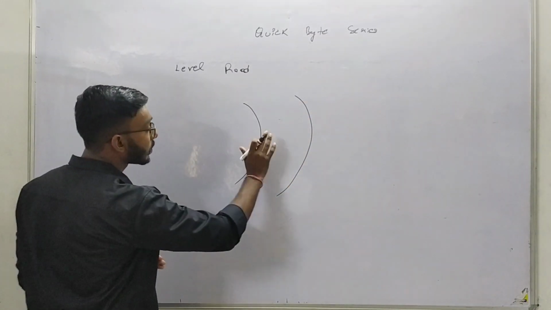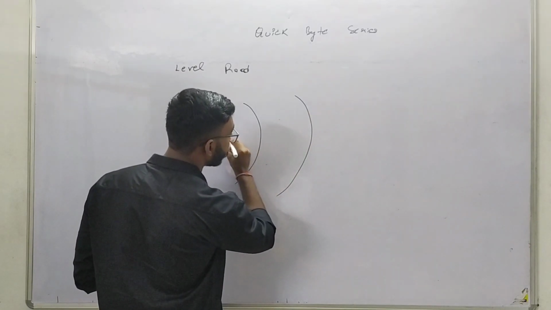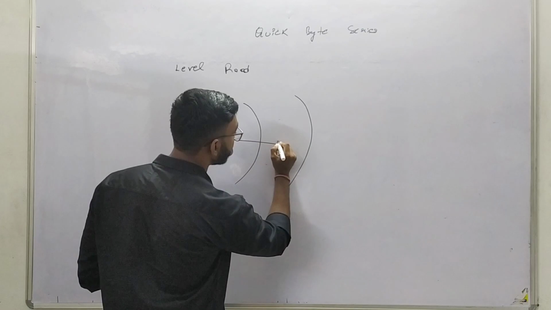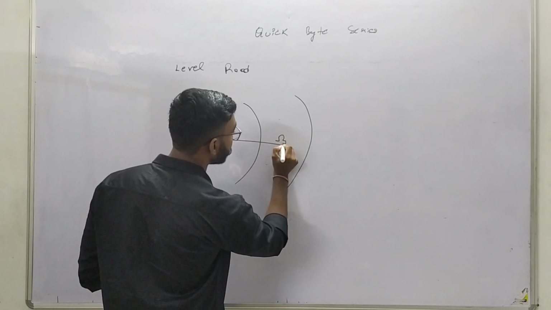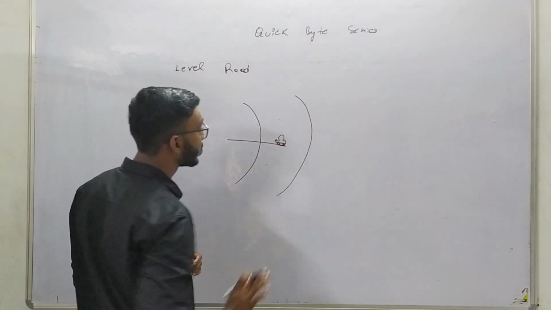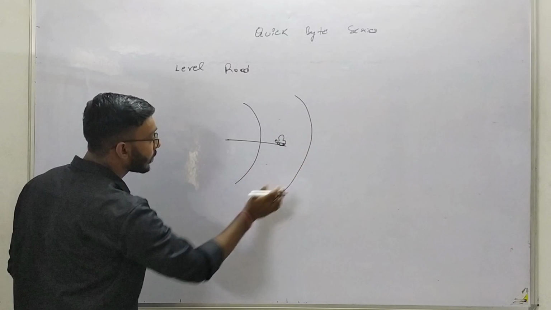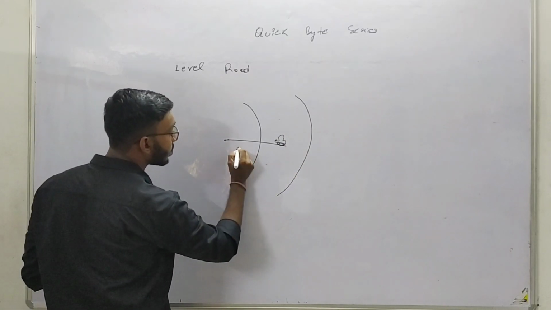Suppose this is our car. Please compromise with the diagram. If we consider this as the circular path, then we can consider this as our radius.